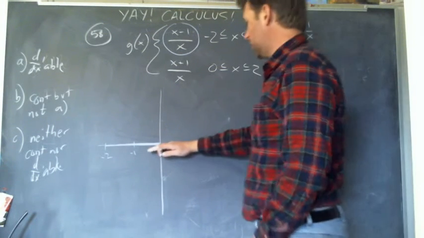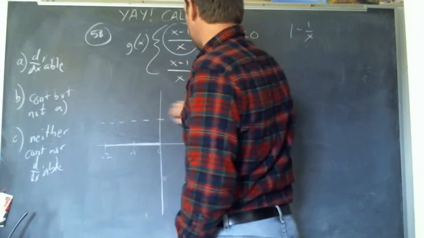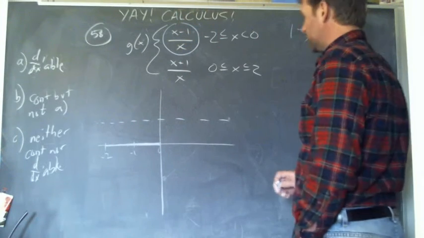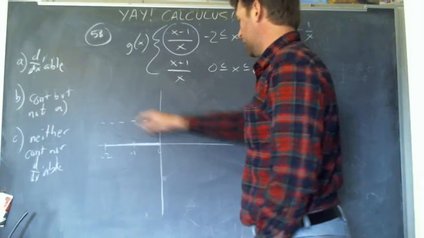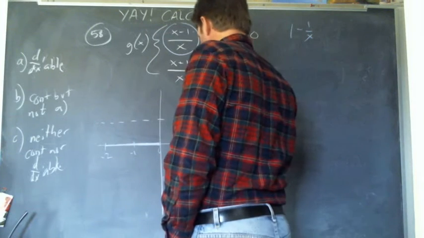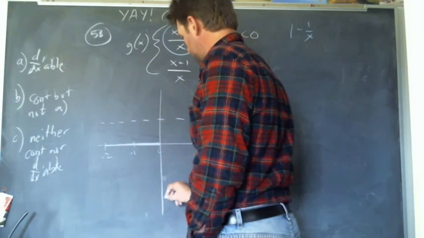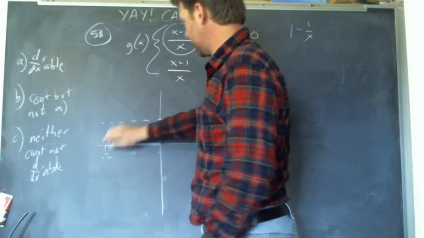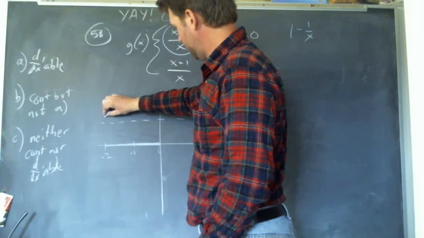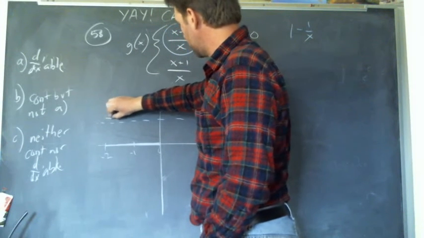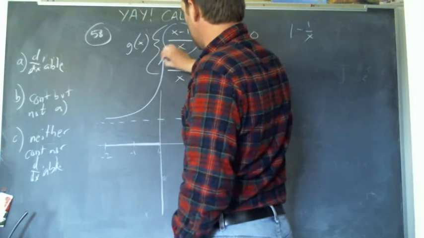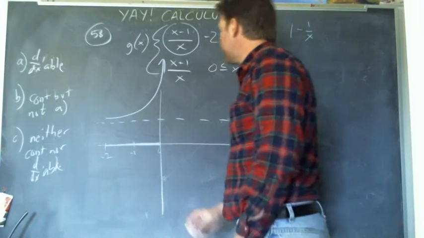So it's going to asymptote here at 1. And it's negative 1 over x, instead of in the first and third quadrants, so it would be like this and like this. We're only defining here, so that's from about here. That continues asymptotically there.